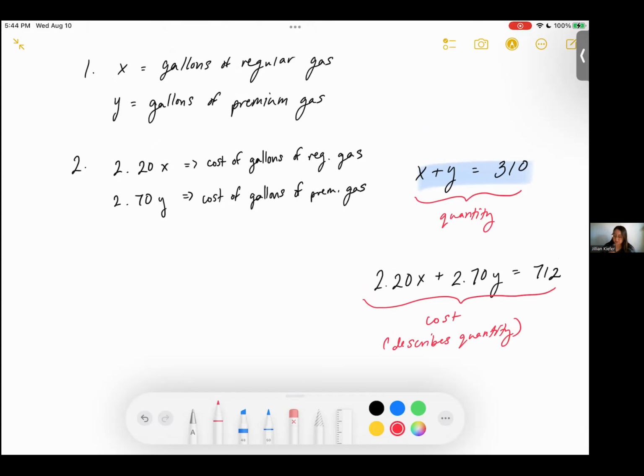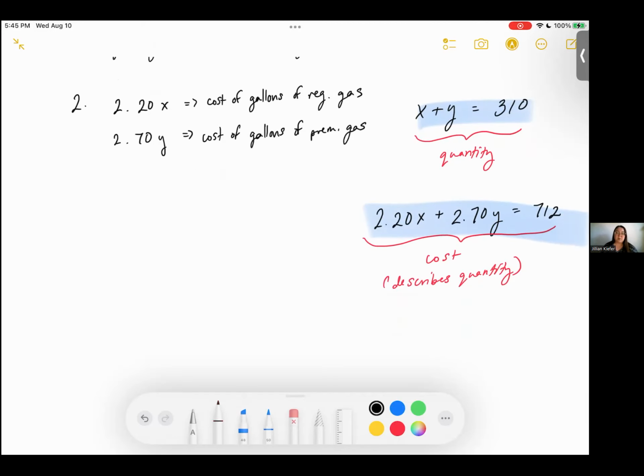And your other equation will most likely end up being something that would describe that quantity. Cost described the number of gallons because we could attribute one with the other. Maybe energy can describe time or something along those lines. So that's what you're looking for when you're looking for your equations.